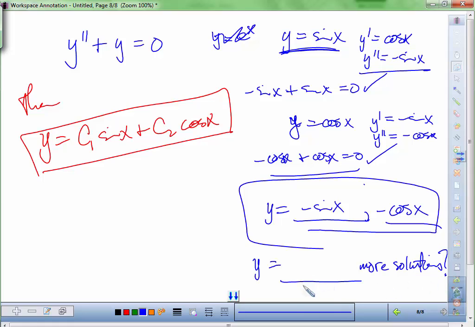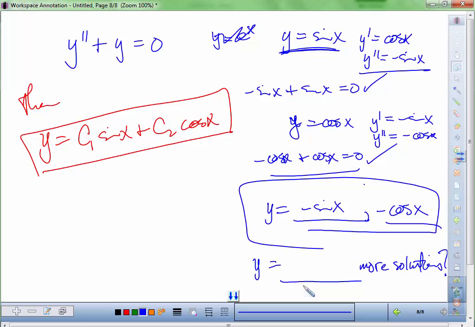You think? Yes? Okay, let's think about this. Back in chapter 1, we talked about the family of solutions that we would get, right? For a first order differential equation, we would get a one-parameter family of solutions.